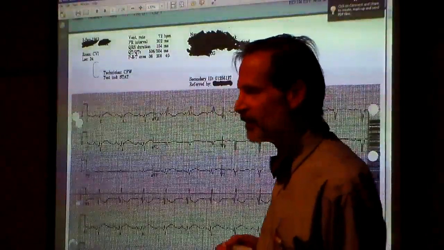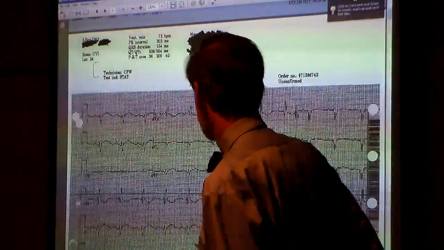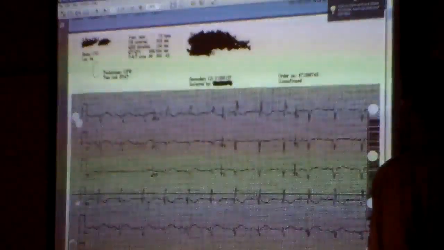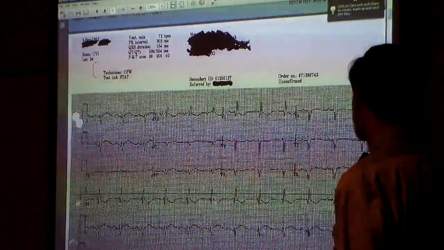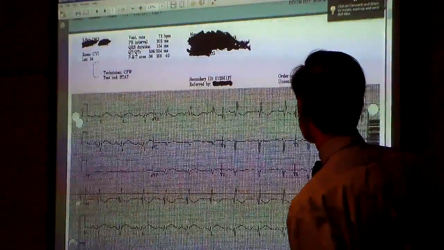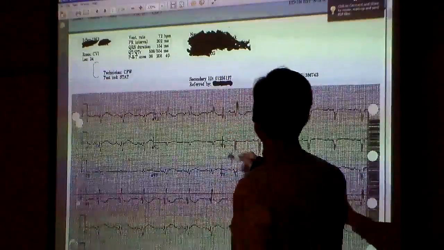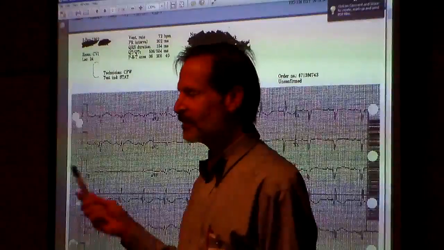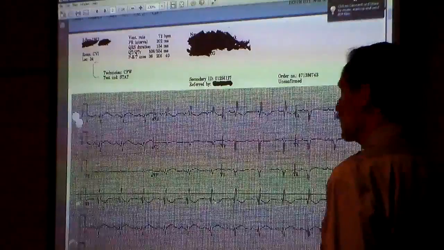Right bundle. So it's a right bundle, okay, with an unusual right axis. So what else is remarkable on this EKG? The QT is a little long, but I don't think you can trust the computer when you have bundle branch block. So what is the other remarkable thing about this EKG?